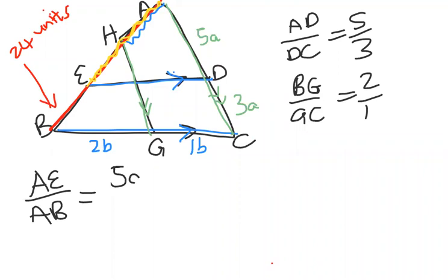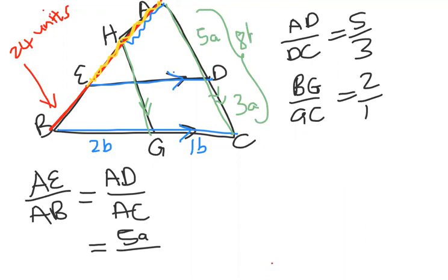So it's 5A divided by 8A. Let me just write it in this form. AD divided by AC, and AD is 5A, and AC is 5A plus 3B. So this is this whole line over here. So that's 8A.